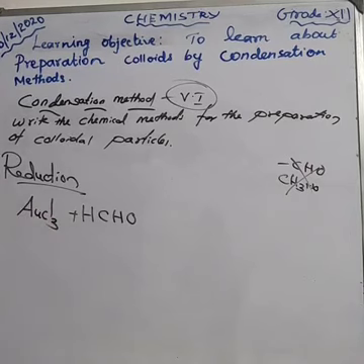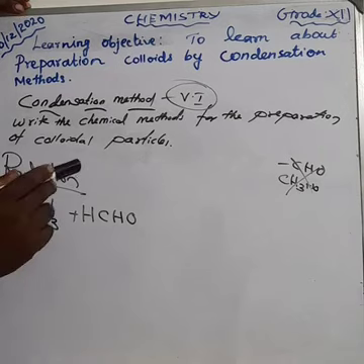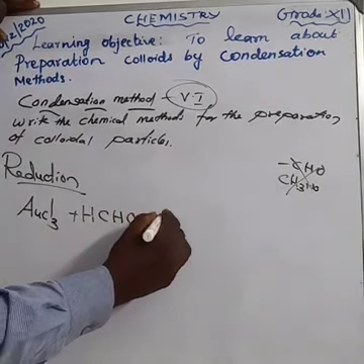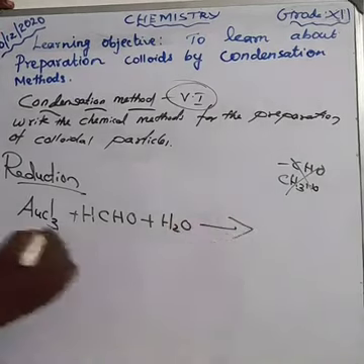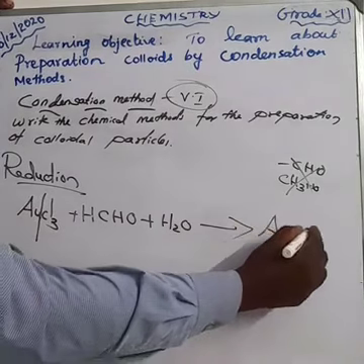The preparation of gold from auric chloride, here by using formaldehyde. This auric chloride, the formula is AuCl3, reacts with formaldehyde in the presence of water, H2O. In the presence of water, we get gold salt, that is Au salt.